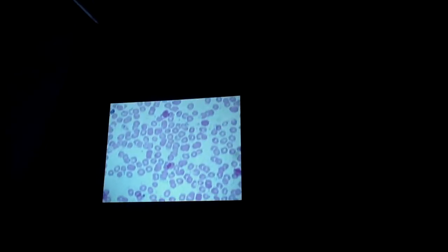So sila yung second next na pinakamadami. And then the third most numerous cell type should be the monocytes. Unfortunately, for this smear, konti lang masyado yung mga white blood cells.